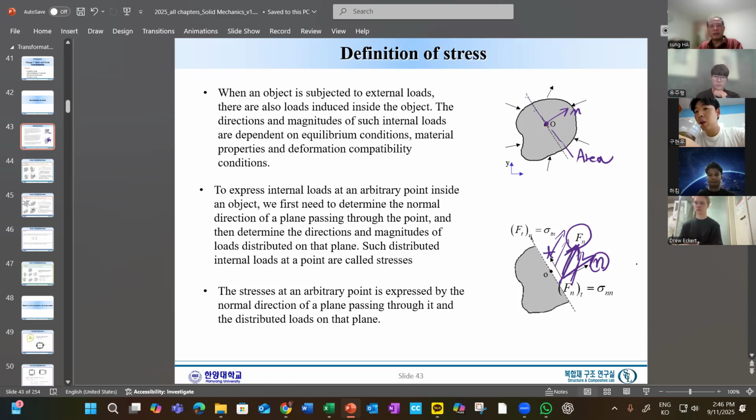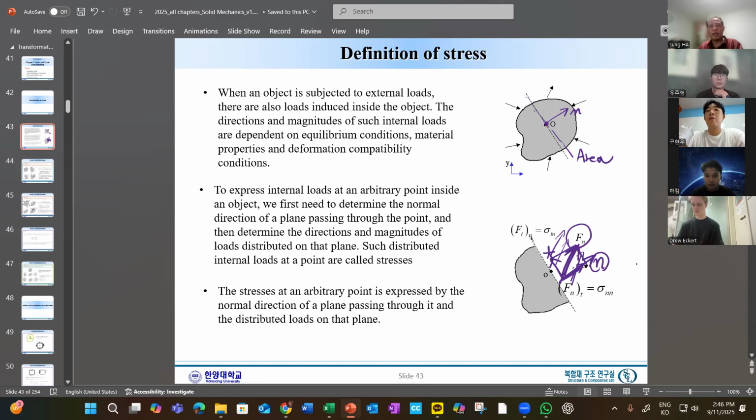The distributed vector Fn can be decomposed into a normal term and a tangential term like this.